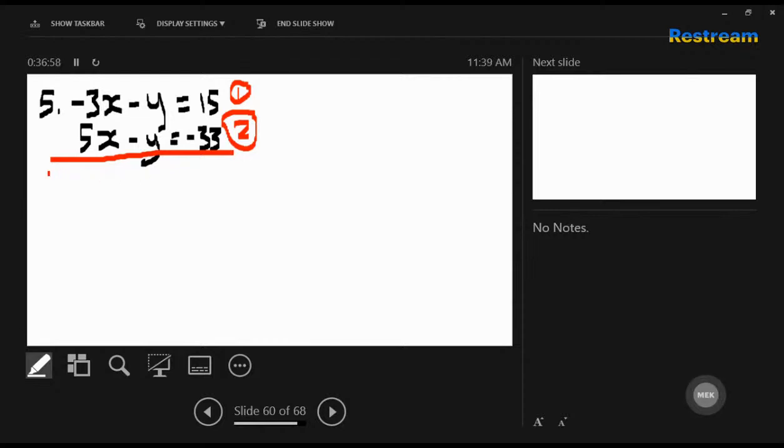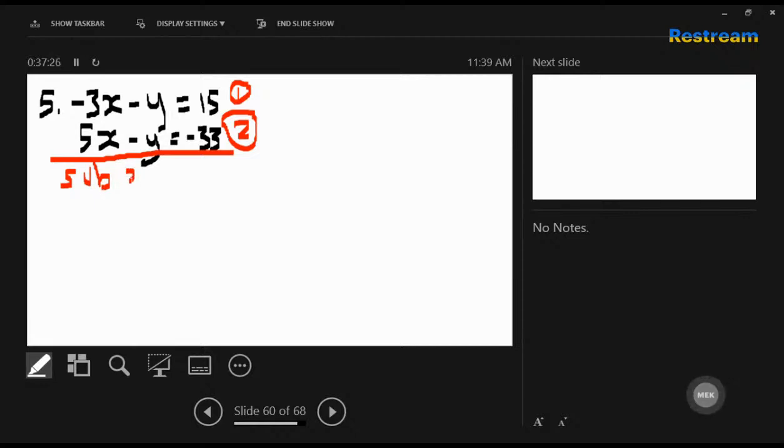All right, so looking at number 5, we do have variables with the same coefficient. So we have negative 3x minus y is equal to 15, 5x minus y is equal to negative 33. So they both have a negative y, same signs. So we're going to subtract the equations in order to eliminate.